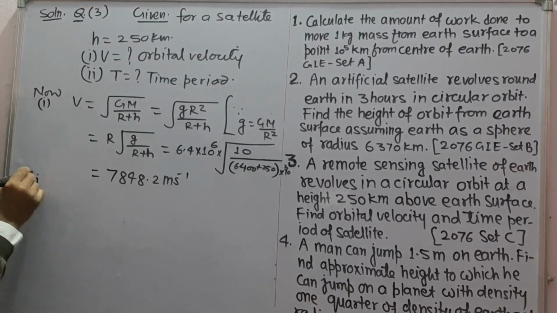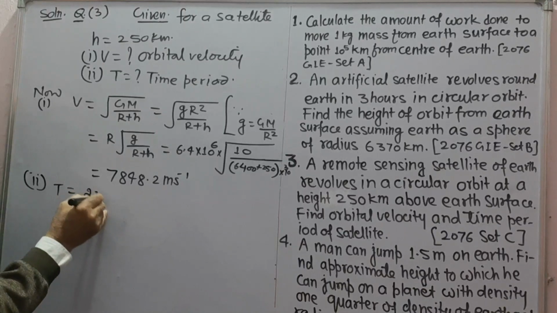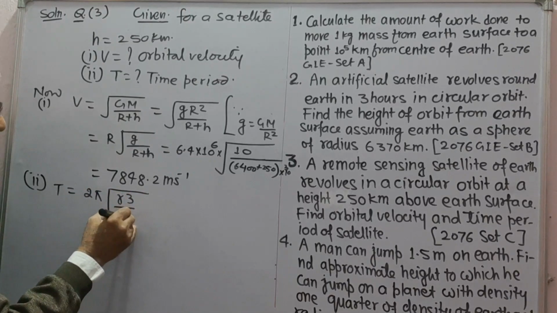Now, second one, time period. Time period of satellite is given to be 2 pi under root r cube upon GM.